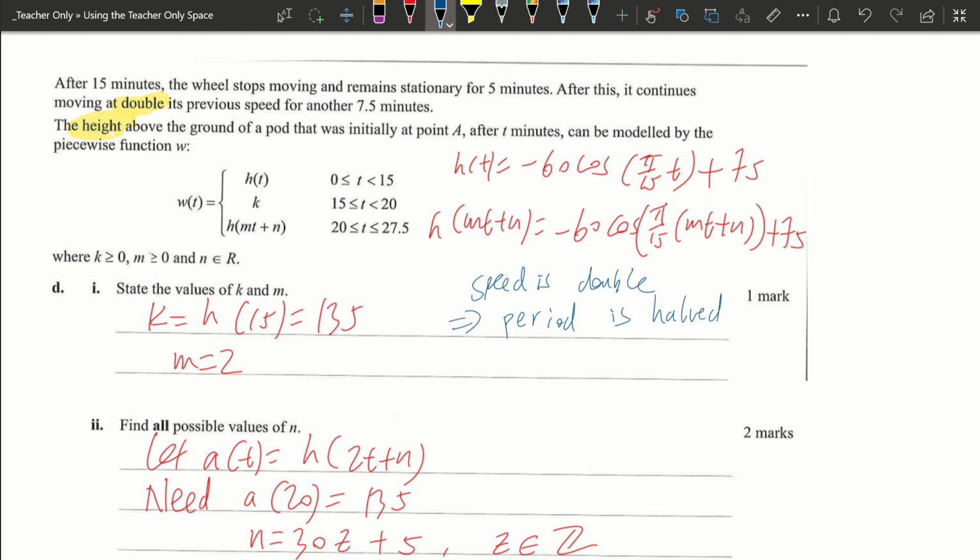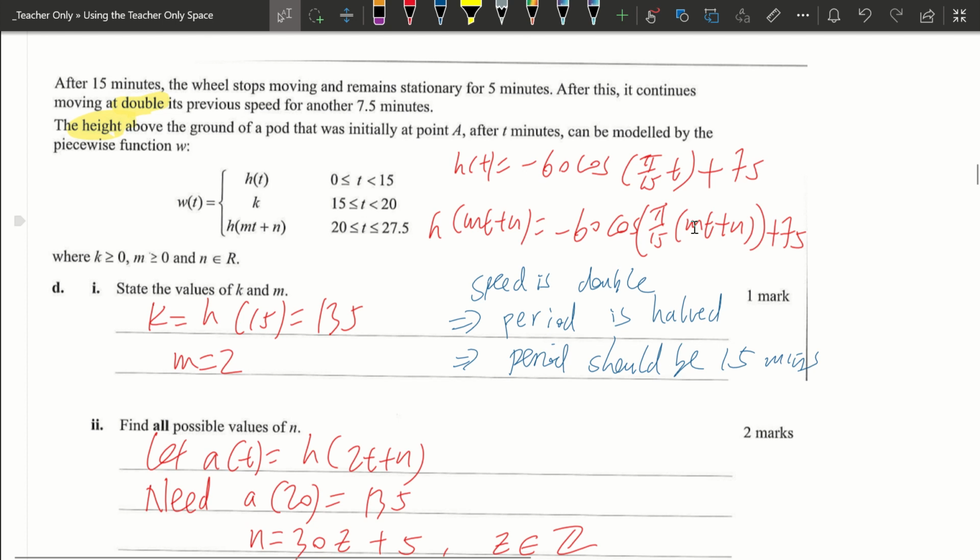Because if the speed is double, the time it takes to go through the same distance should be halved. So going through one circle, one cycle, one revolution, the time it takes should be halved because the speed is doubled. Which means the period should be 15 minutes.